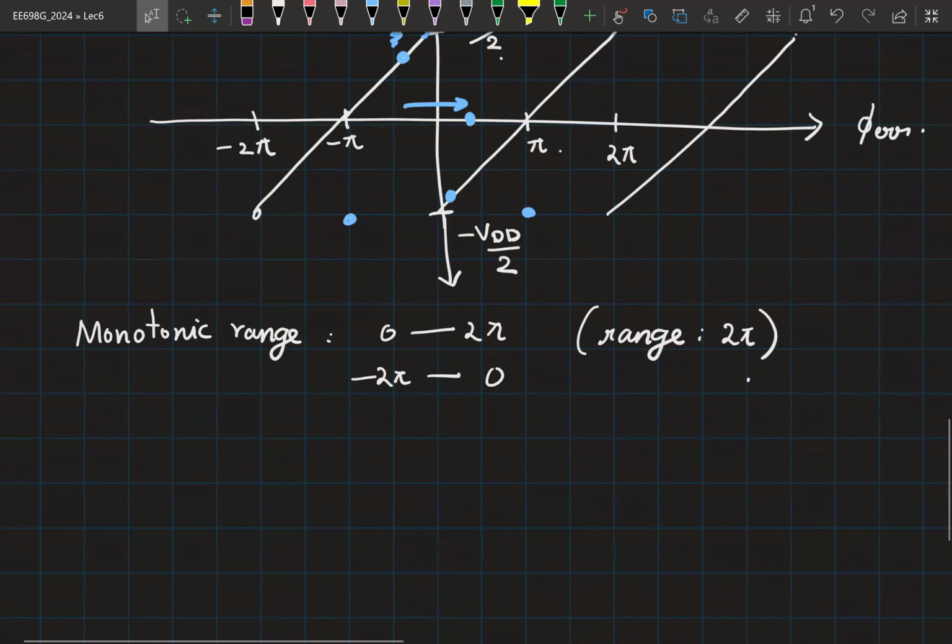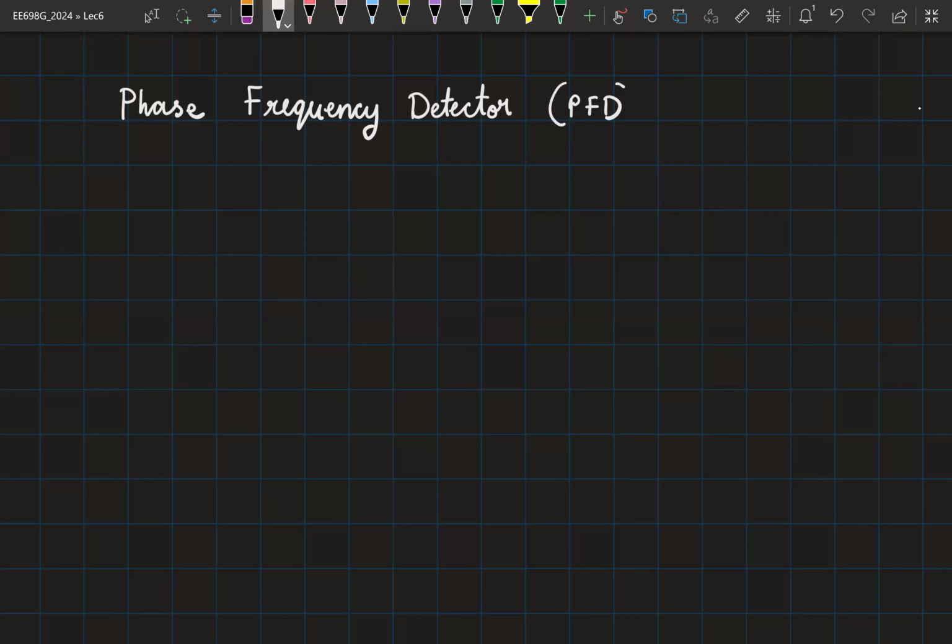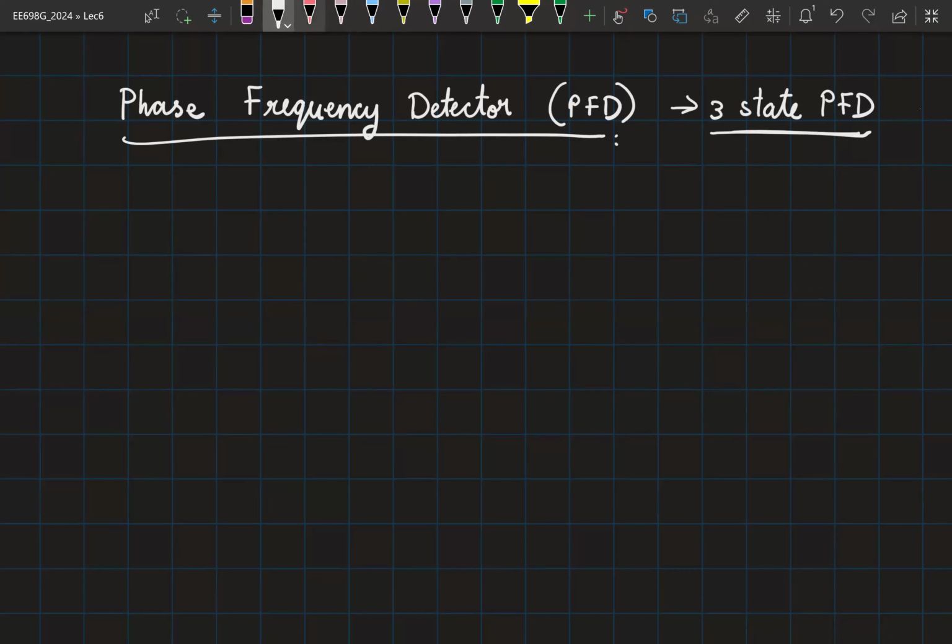Now let me introduce you to a particular type of phase detector called phase frequency detector. This is PFD in short. This is also called a three-state PFD. The significance of the second term we'll see in a little while, but let's focus on the structure of this, right? Now you can see that we also have frequency detection in the name.